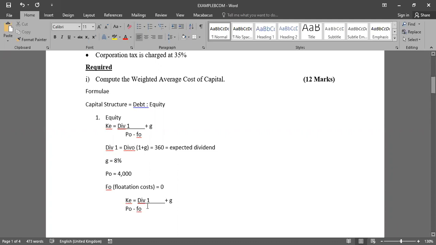So we're here now. We substitute. Div 1 you already have there, it is 360. Then P naught is 4,000 and F naught is 0. Then the G is also given as 8%.